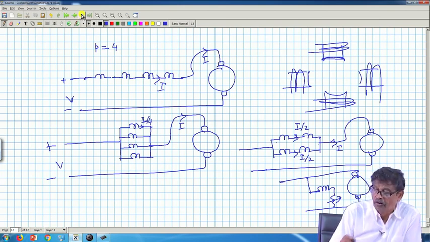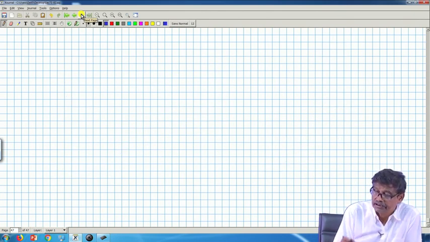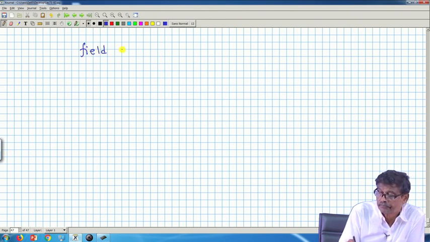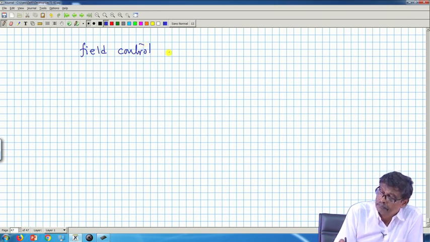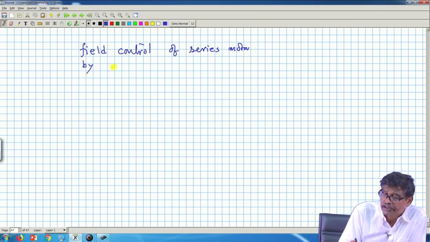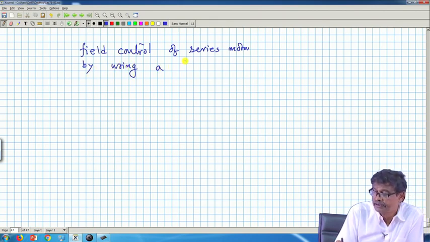Another way of controlling the speed is called field control in series motor, field control of series motor by using a diverter resistance.